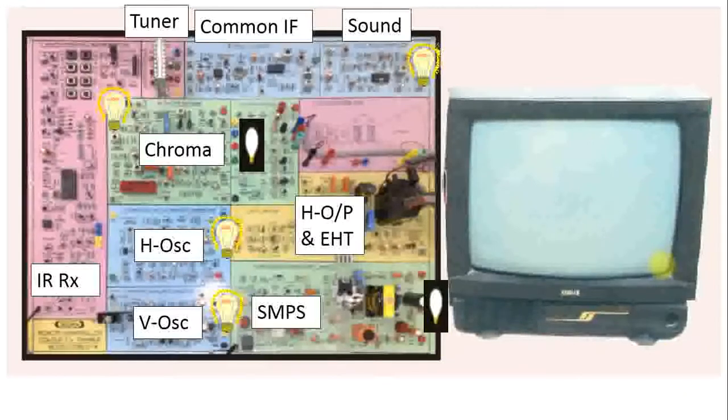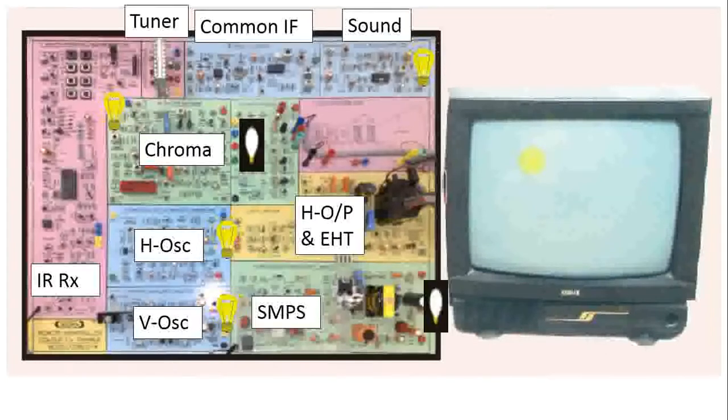Now all of you give attention. Now we have correlated the actual color television block diagram and this color television trainer kit. What is important is that, as we have carried out the different experiments in our audio video engineering lab, taking readings is divided into two parts. Number one, DC analysis, and another is AC analysis.